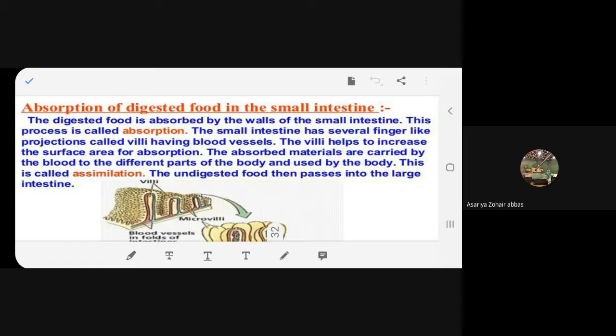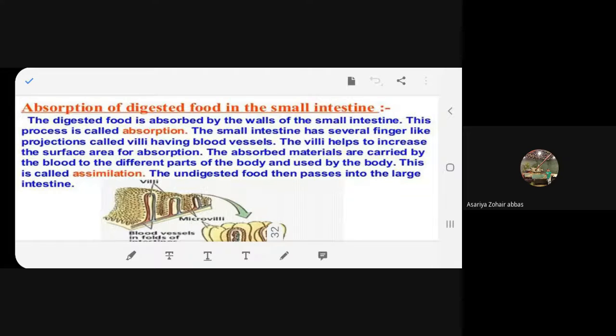The villi help to increase the surface area for absorption. The absorbed materials are carried by the blood to different parts of the body and used by the body. This is called assimilation. The undigested food then passes into the large intestine.